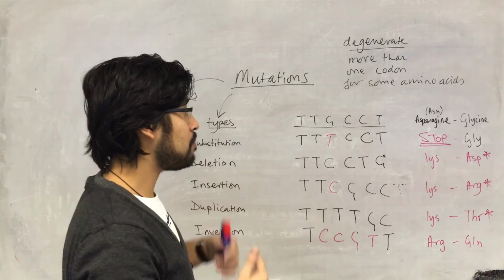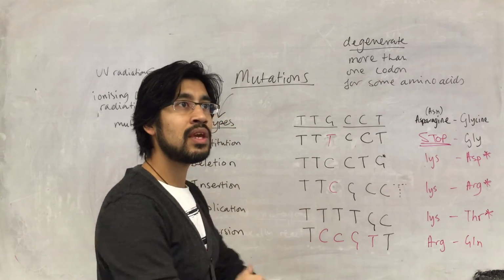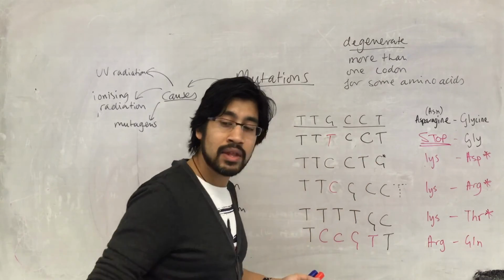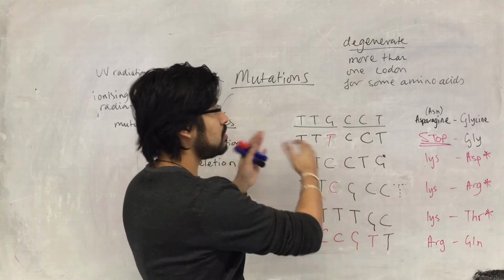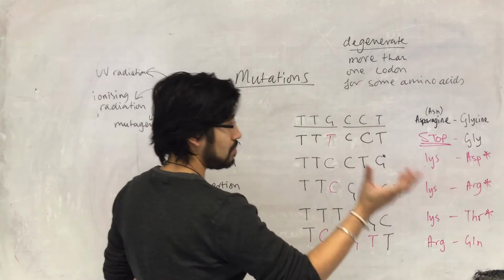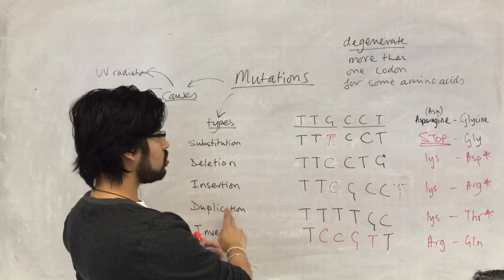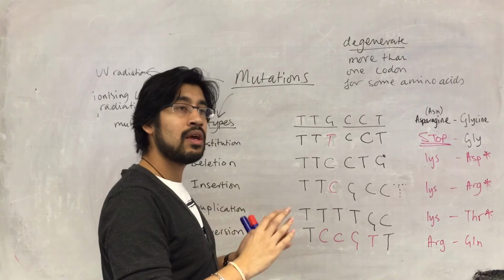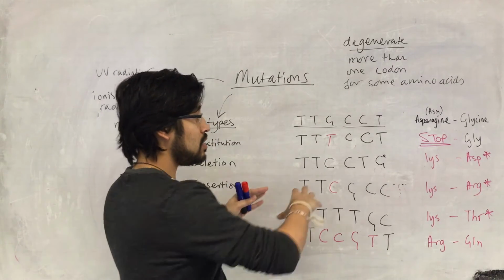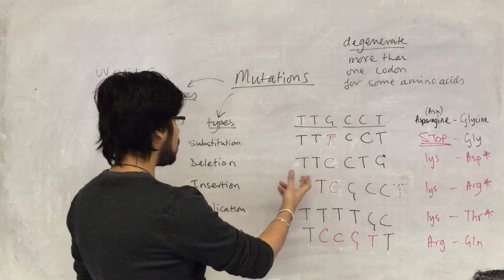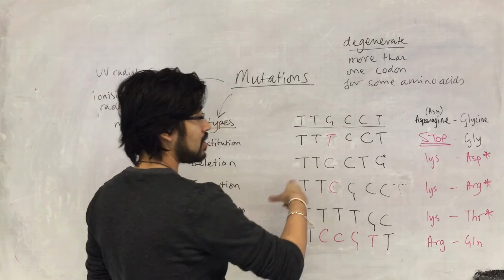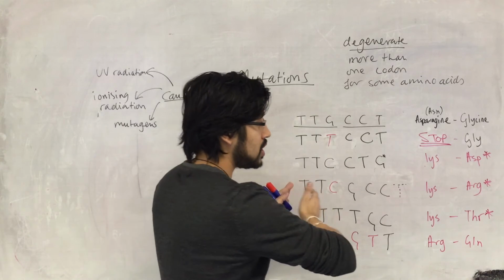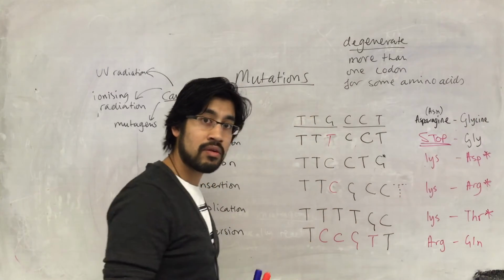More impact, but 2 amino acids missing in hundreds. It depends on how important that amino acid was to the overall structure of the protein. But bear in mind that deletions, insertions, or duplications of multiples of 3 might result in less of a change in the amino acid sequence, because essentially we're just causing a change in 1 amino acid, 2 amino acids, 3, and so on. We're not causing a frame shift. We're not changing the reading frame of every single amino acid afterwards.